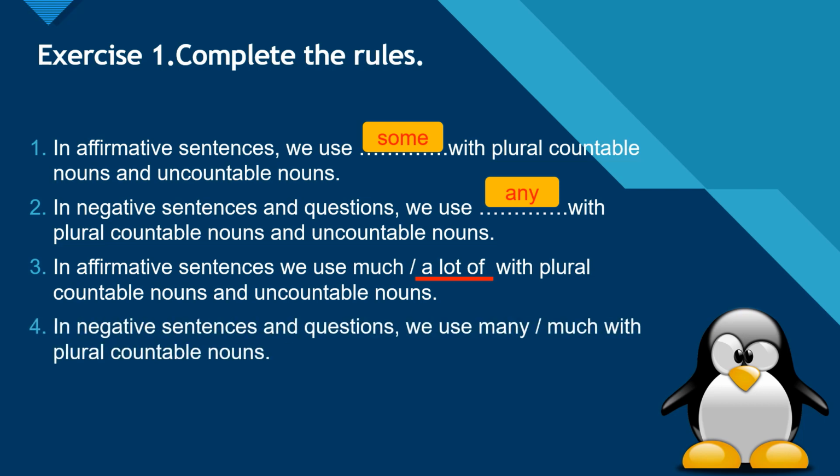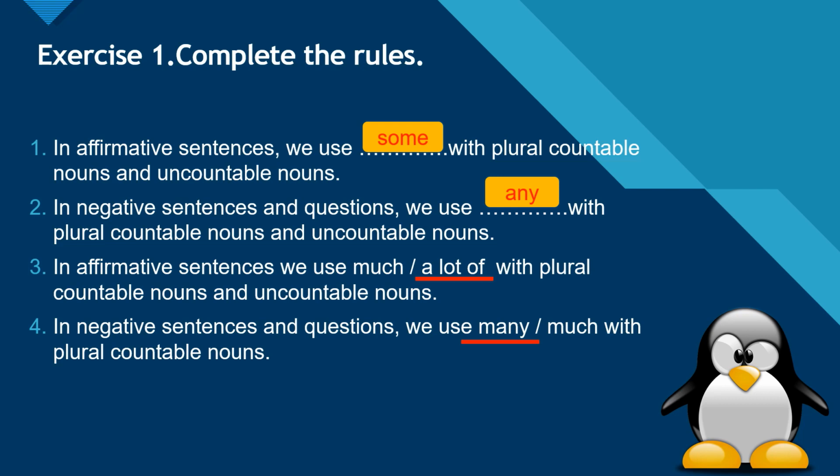Next is number 4. In negative sentences and questions, we use many or much with plural countable nouns. So here the keyword is countable nouns. There's only one that we can use with countable nouns here because we have two choices. So absolutely the answer is many.